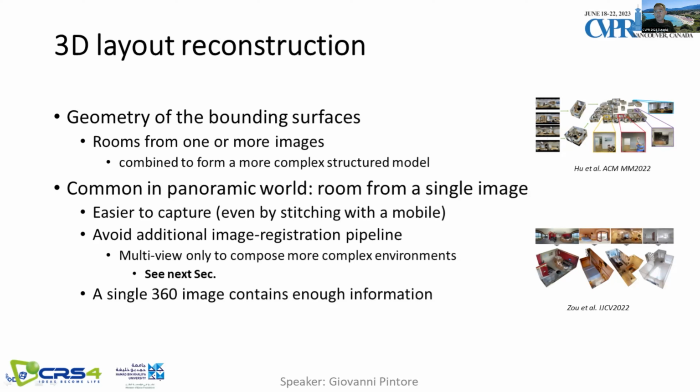So maybe we also lose some of the advantages that panoramic images have. Another point is that, as we'll see shortly, a single panoramic image already contains enough information to reconstruct the environment.